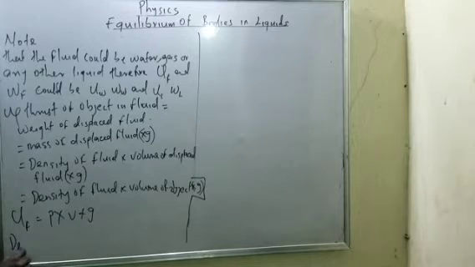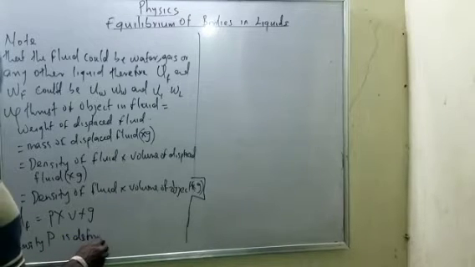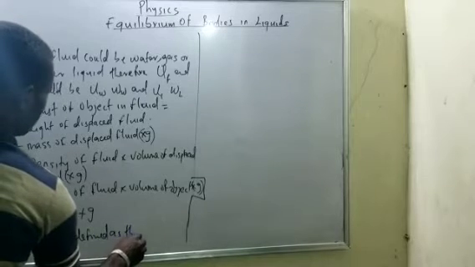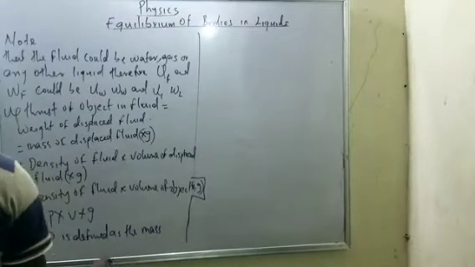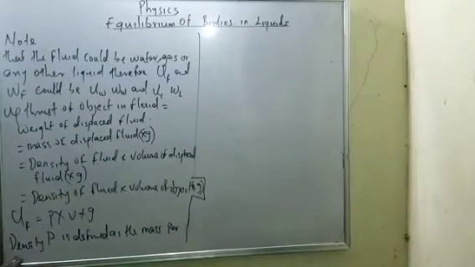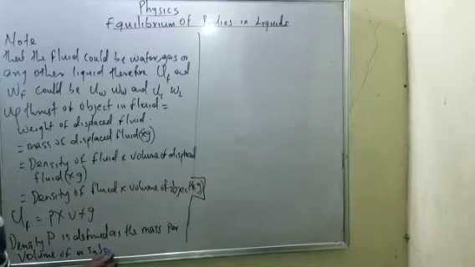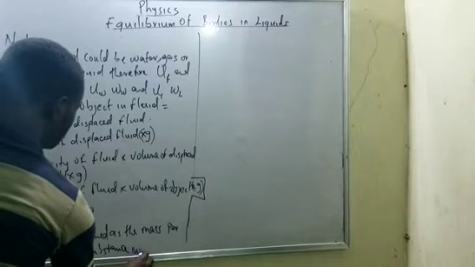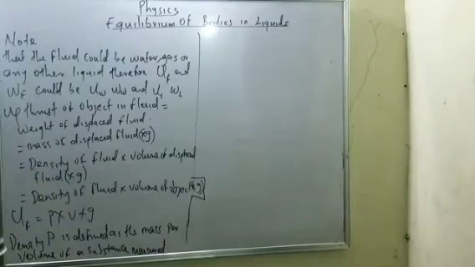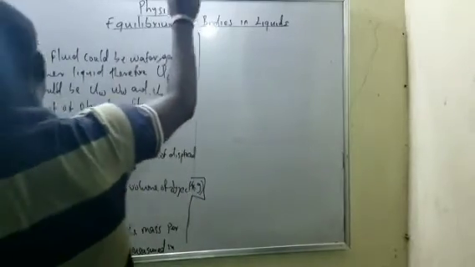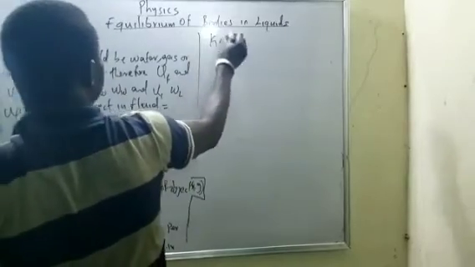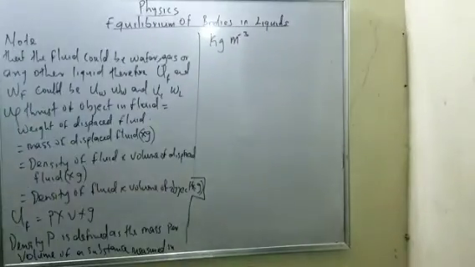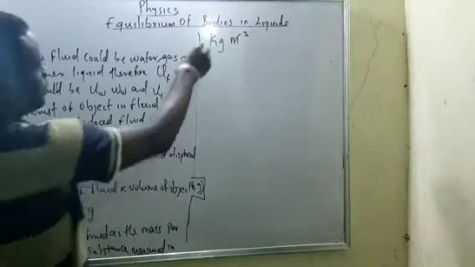Density, P, is defined as the mass per volume of a substance, measured in kilogram. Okay, that is what is measured by this.